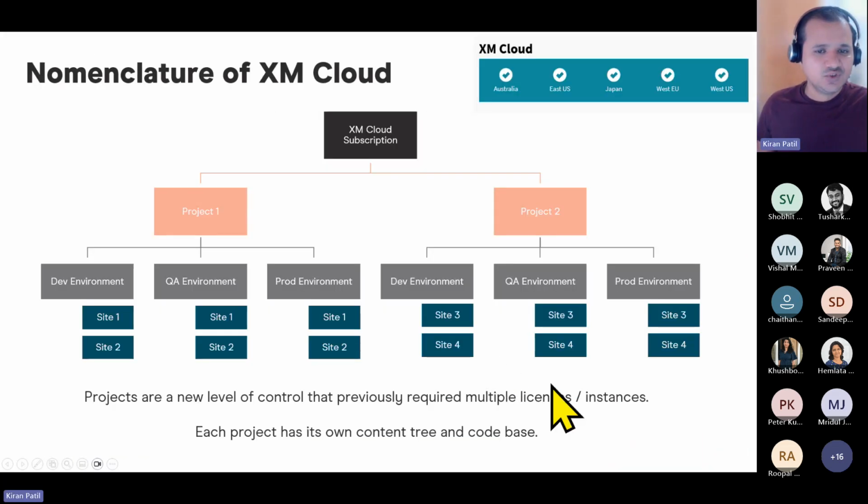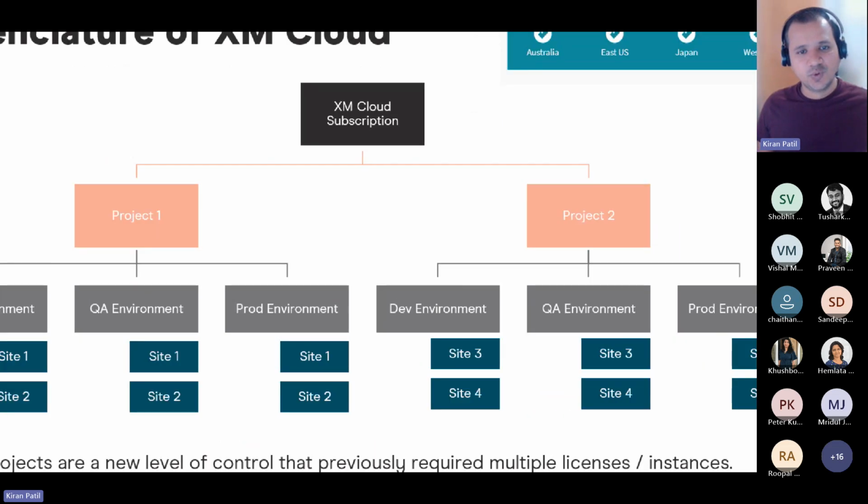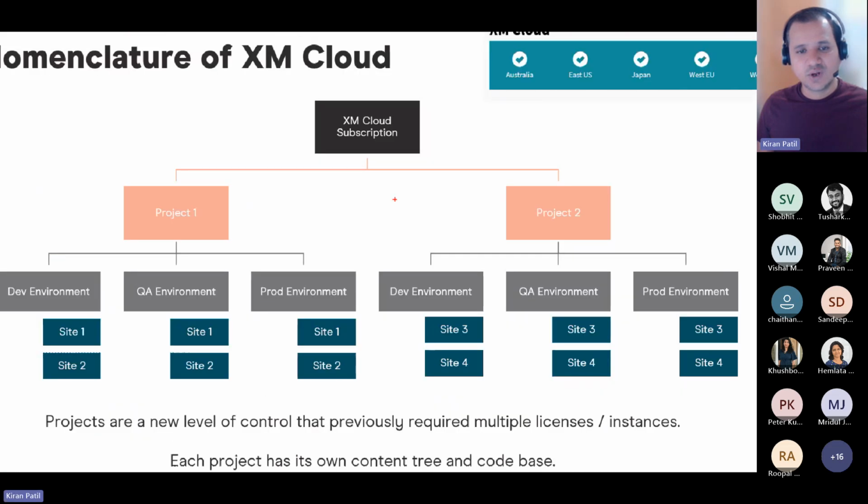Now there are some things you need to understand about XM Cloud. If you have already explored XM Cloud, you know by this time, but I assume you are seeing or hearing about XM Cloud for the first time. So when you provision or get an XM Cloud instance, which basically you have to reach out to your Sitecore account representative, they will provision a subscription for you.